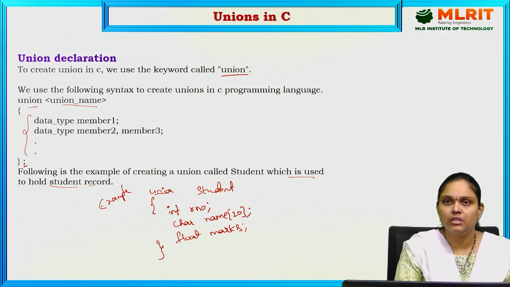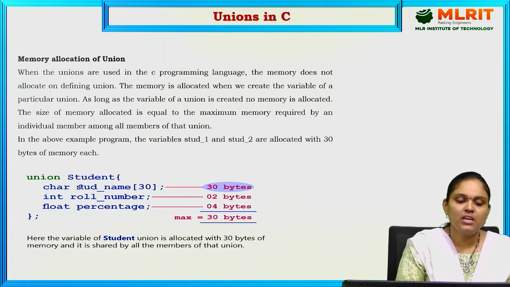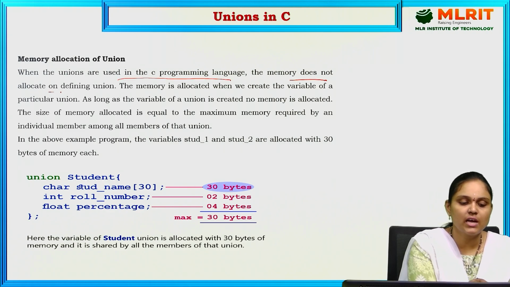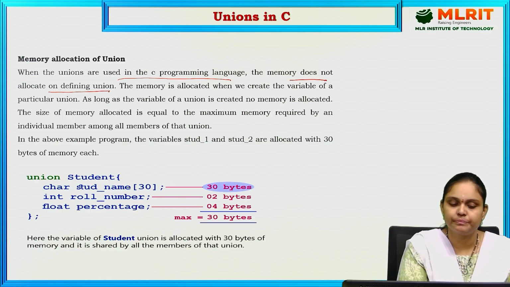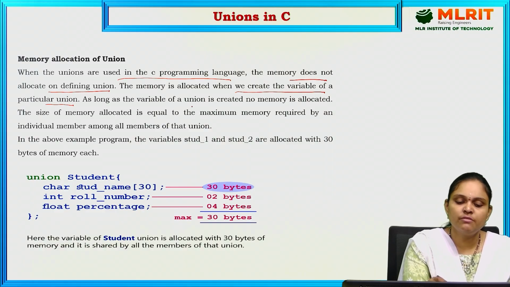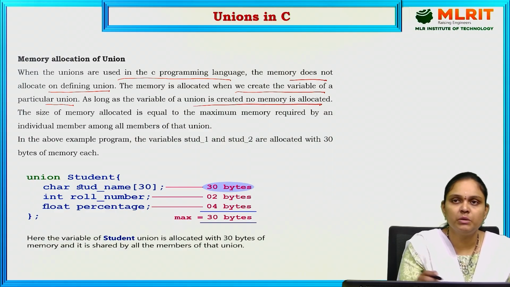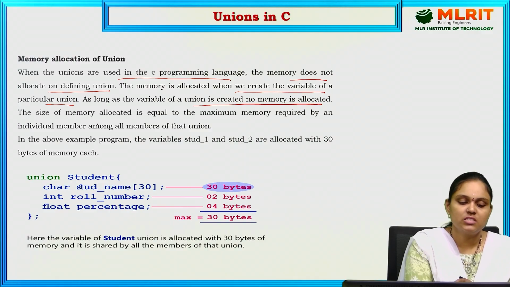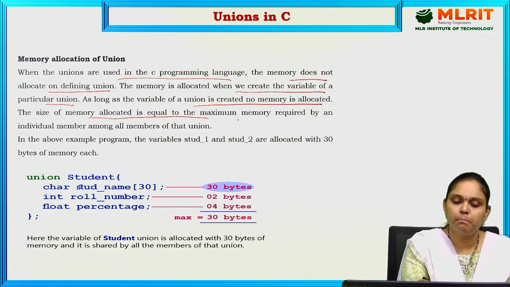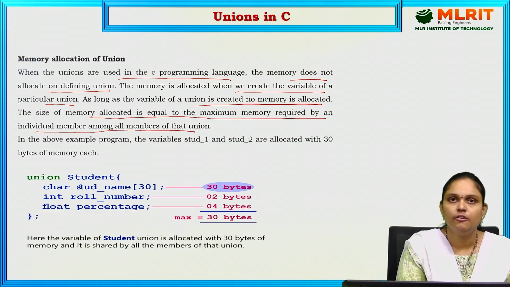Coming to memory allocation, there is also a difference in memory allocation that we'll check out. Memory allocation of the union: when unions are used in the C programming language, memory is not allocated on defining the union. The memory is allocated when we create a variable of a particular union. So the size of the memory allocated is equal to the maximum memory required by an individual member among all members of that union.